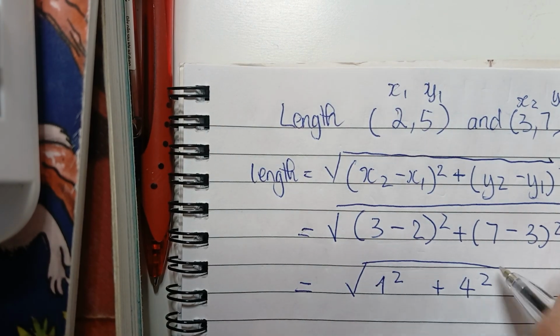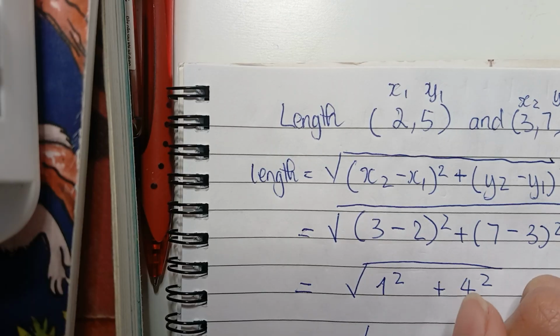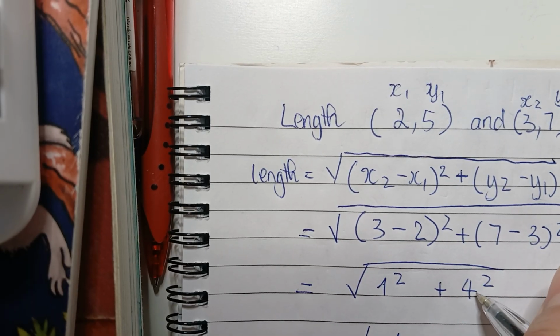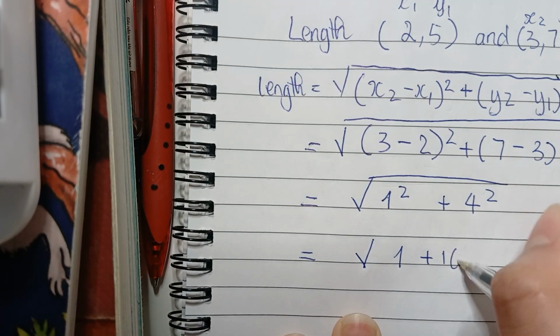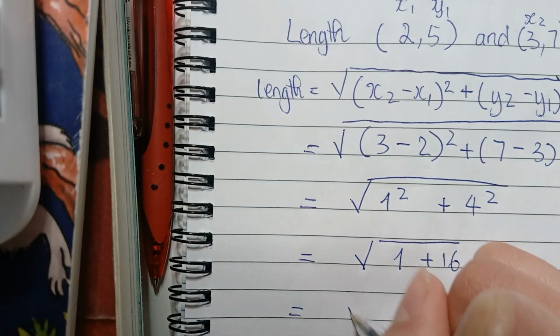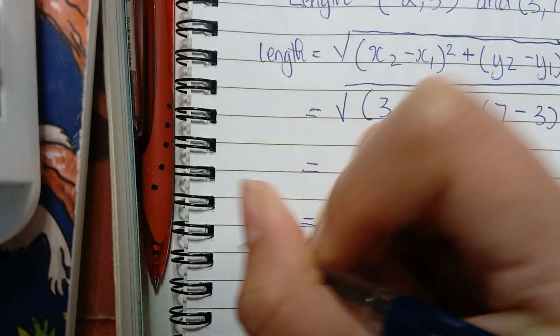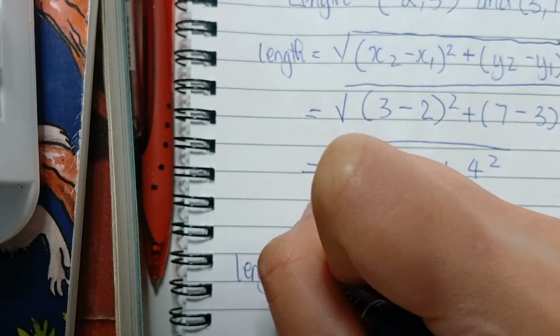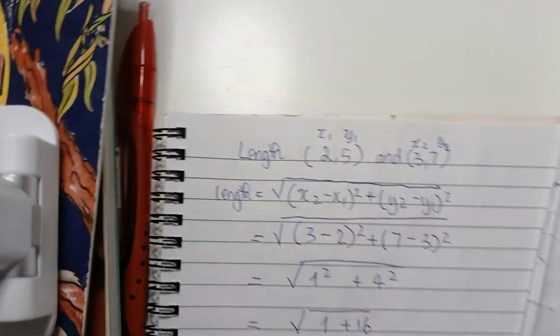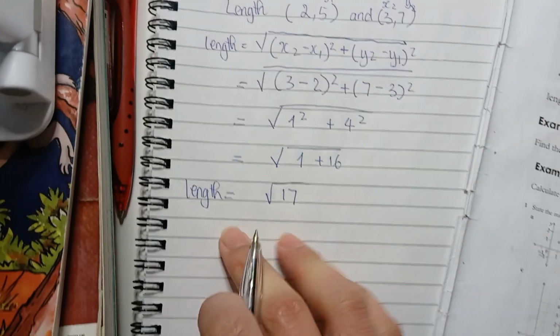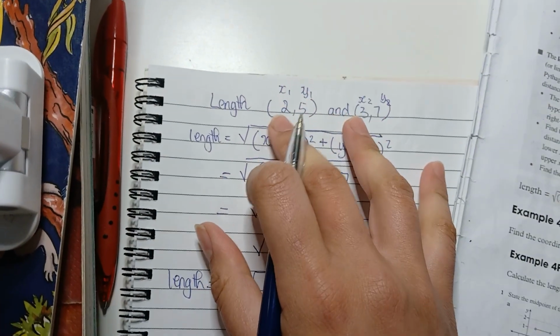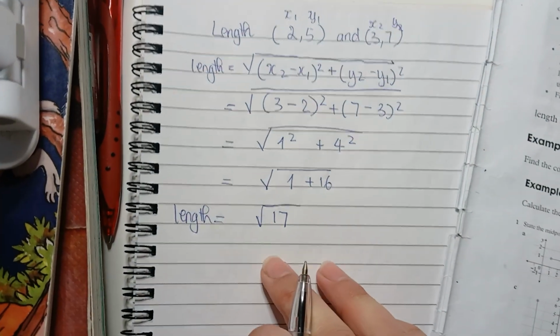So 1 squared plus 4 squared, which is 16. In this case we got square root of 17. So the line that joins these 2 points will have the length of square root of 17.